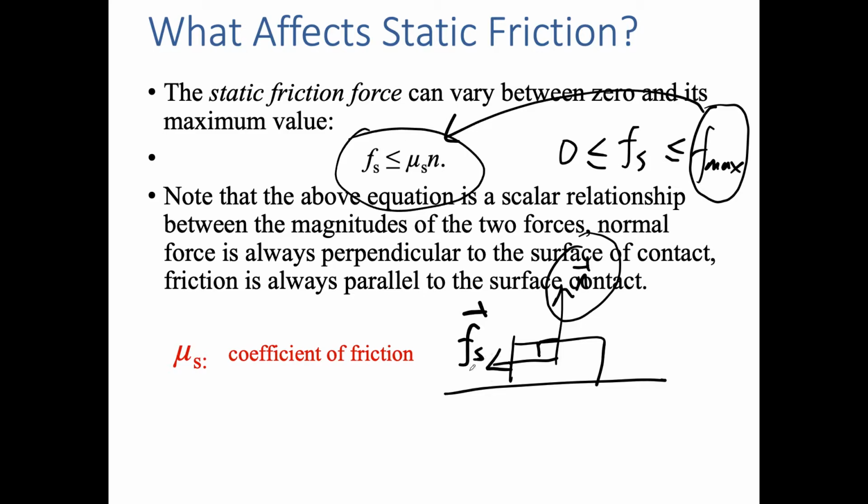So static friction and the normal force are perpendicular to each other. That's why this is not a vector equation, it's a scalar equation, only concerned about the magnitude: the magnitude of Fs is smaller than or equal to the coefficient of static friction times the magnitude of the normal force.